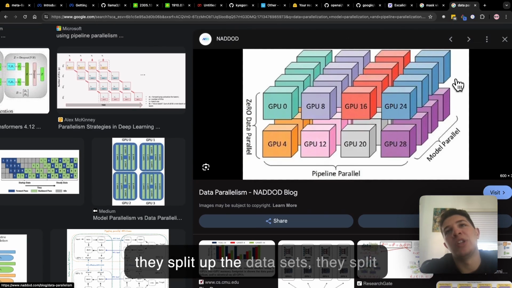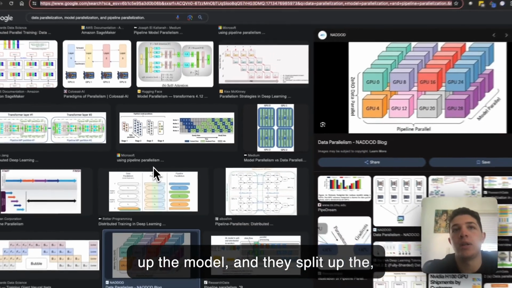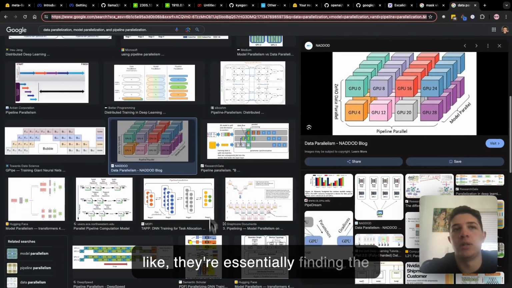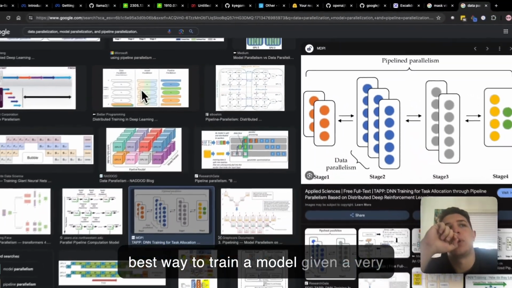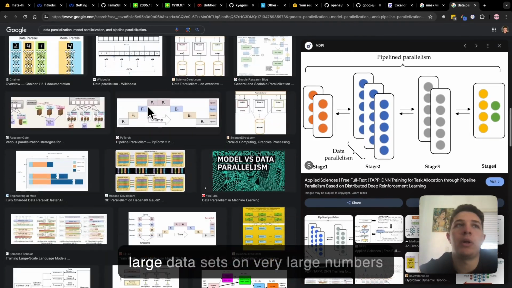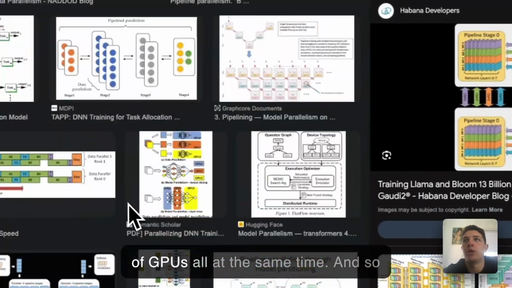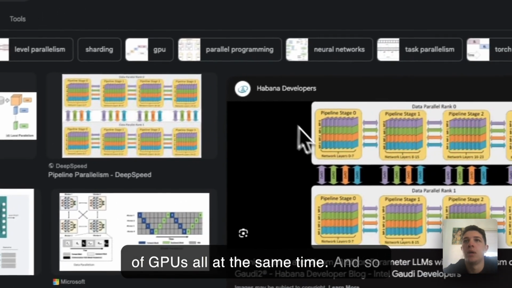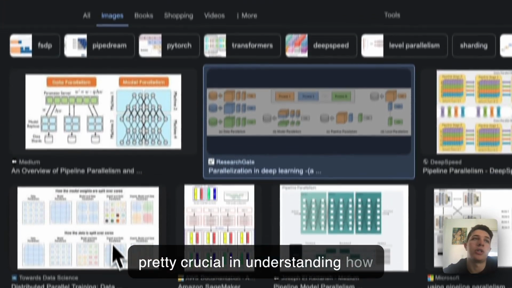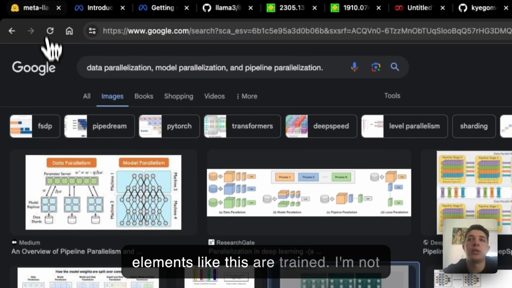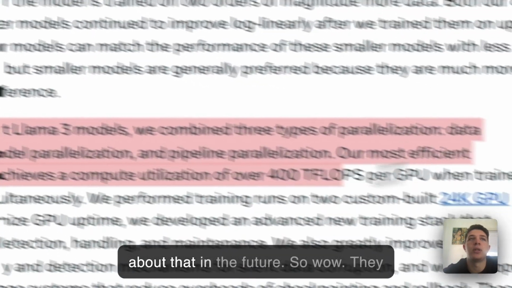They split up the data sets, they split up the model, and they're essentially finding the best way to train a model given very large data sets on very large numbers of GPUs all at the same time. And so I recommend going into this. This is pretty crucial in understanding how LLMs like this are trained. Maybe we'll make a video about that in the future.